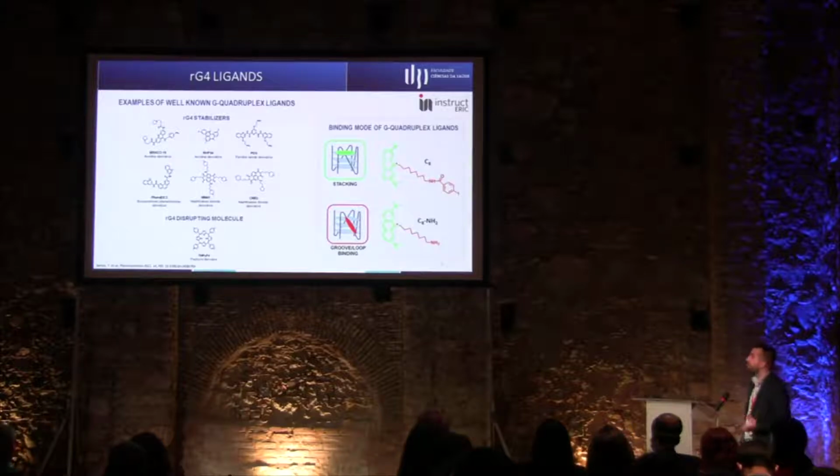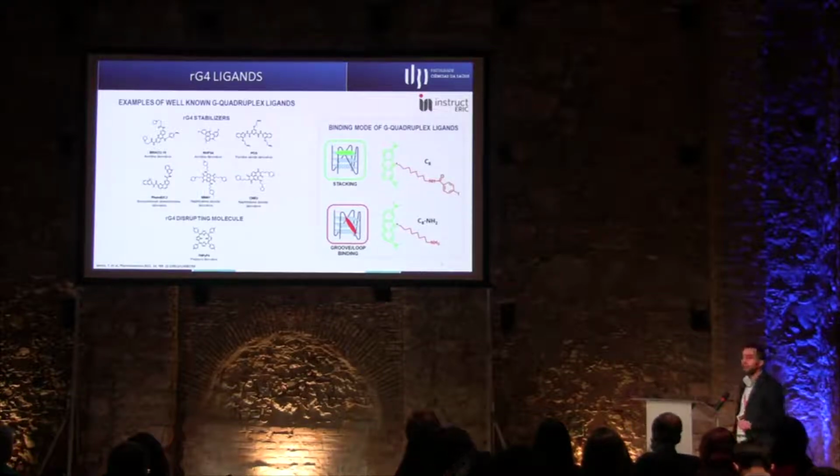All of these small molecules share structural features like an aromatic core that could establish stacking interactions with the G-quadruplex, with the outer G-tetrads, on the top and the bottom, and also an aliphatic side chain that could establish interactions with loops and grooves.